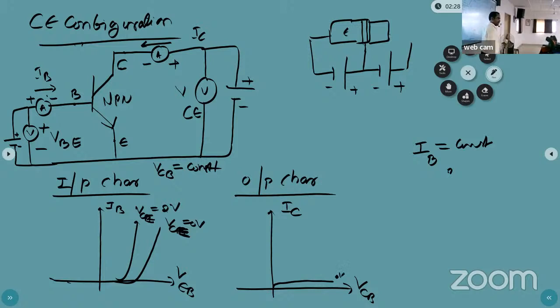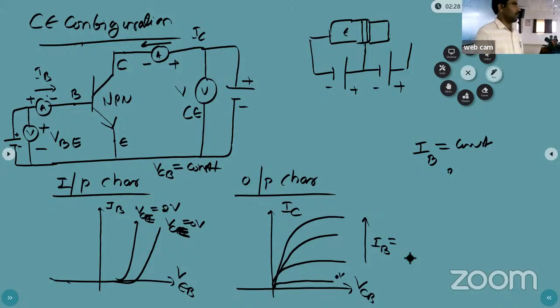Now you can increase the current, and it will increase. Then again you can increase, and it will increase like this. So we are increasing the input current.